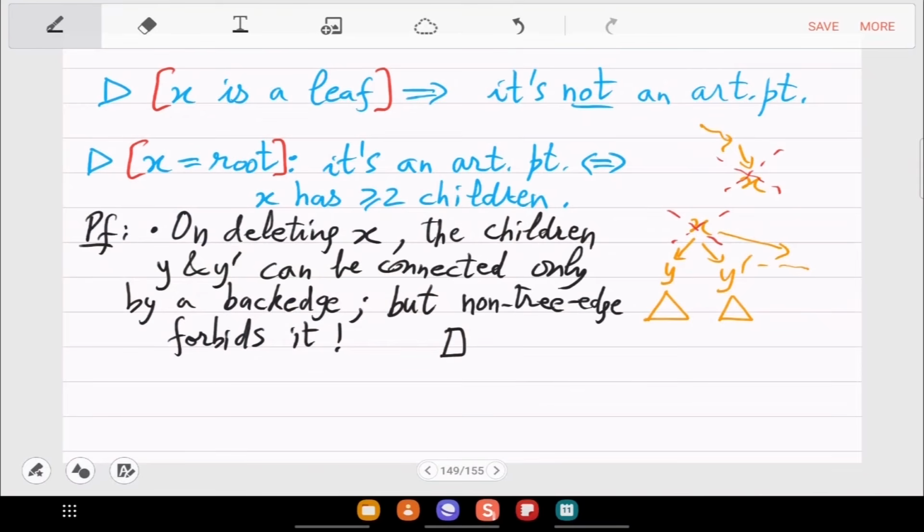We may not have time for the pseudocode. Okay, so based on this, we want to define now something on which the pseudocode will build. So we need to define a new array.